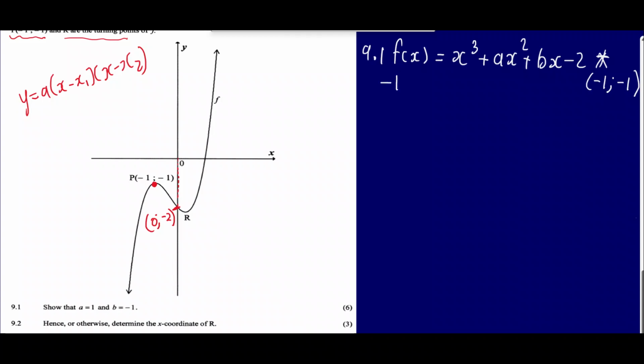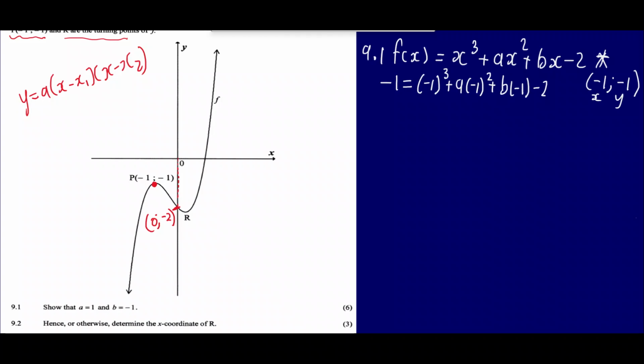So we have -1 and -1 here. I can substitute the coordinate pair -1 and -1. So the y value is going to be -1, and then the x coordinate. So this is x and y. So I put the y coordinate as -1, and then I substitute the x coordinate as -1 plus a times -1 squared plus b times -1, minus 2.